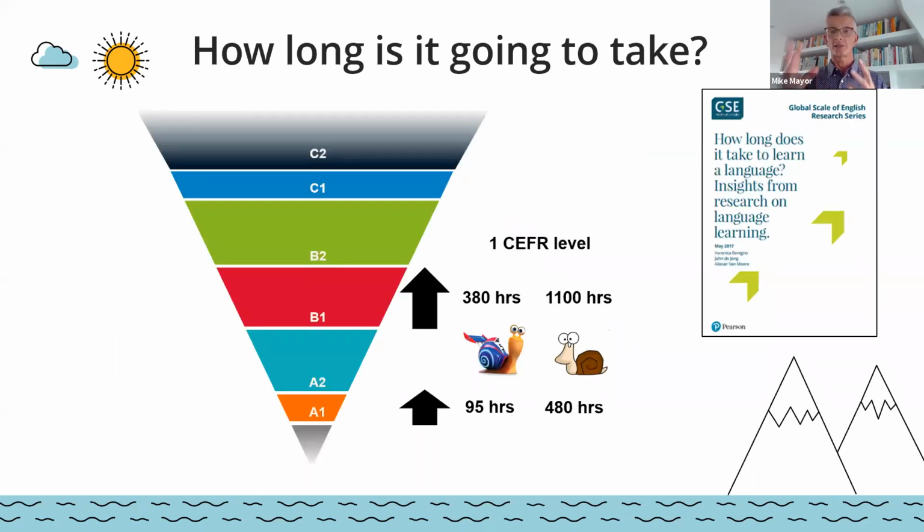Actually, the research, and you will find this research paper on our website, and you will be getting links to all the resources in your goodie bag, suggests that for this motivated learner, it can take about 400 hours. The other learner, depicted with this little snail, needs over 1,000 hours, and that is if you have a very different language, you're not motivated, and you only have 1 or 2 hours of English a week.